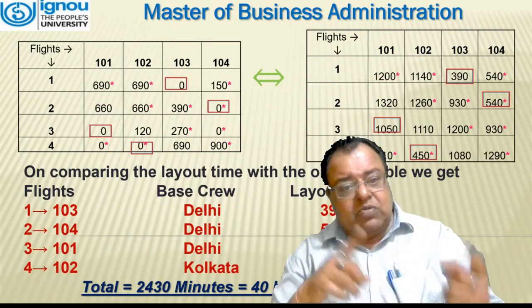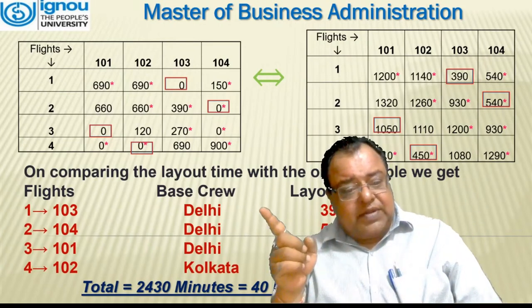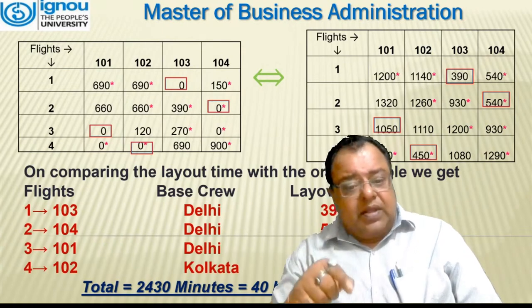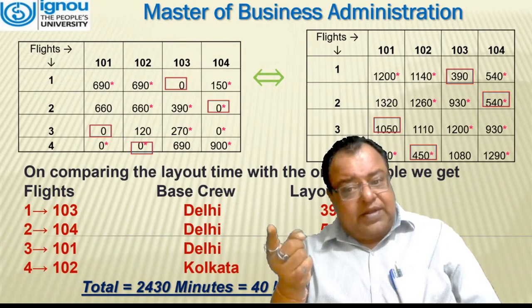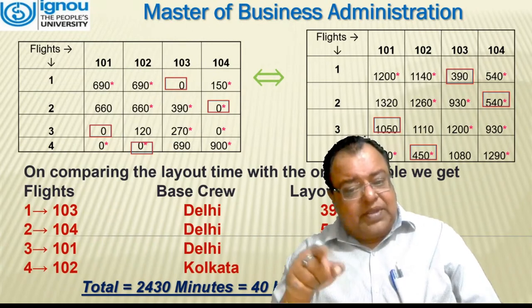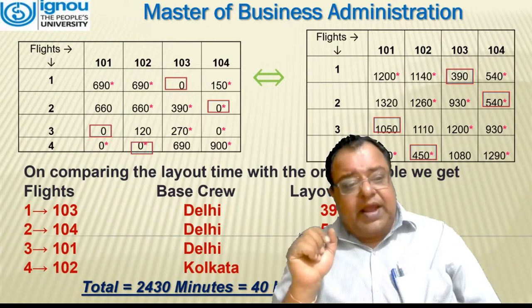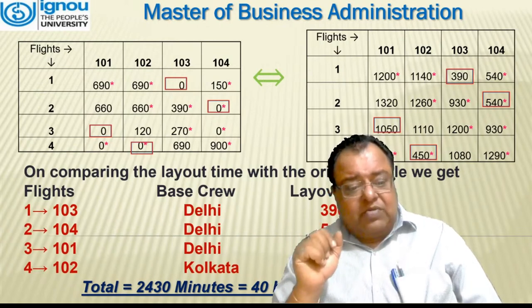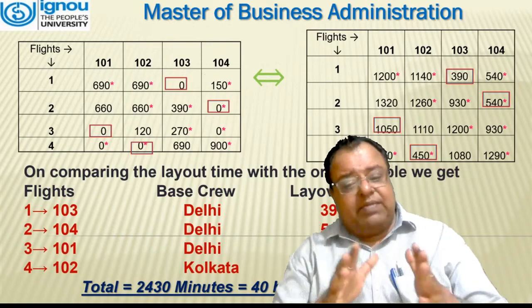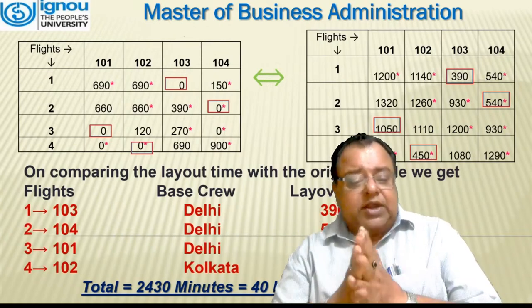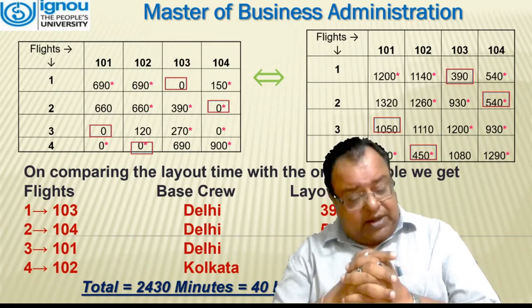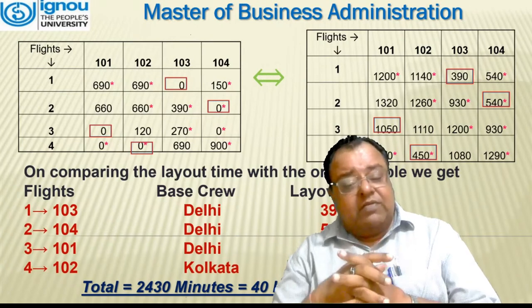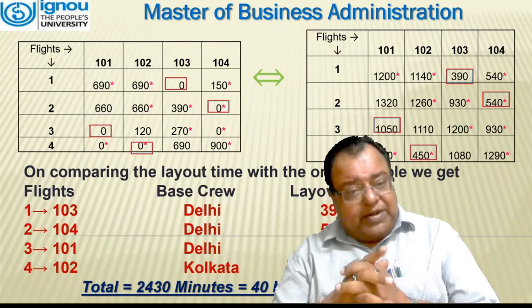For flight 2 to 104, that is again from Delhi, it is 540. Flight 3 to 101, it is Delhi, 1050. And flight 4 to 102, it is Kolkata based, it is 450. That means when we total up, the total time comes out to be 2430 minutes, which is equivalent to 40 hours 30 minutes.